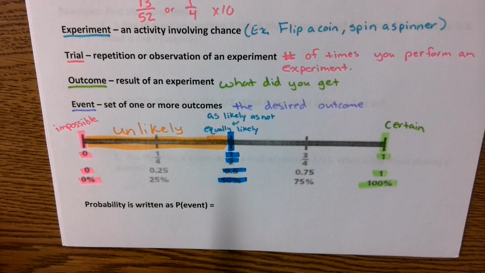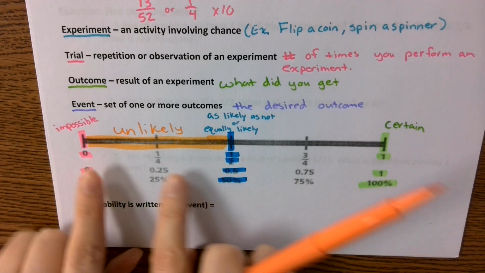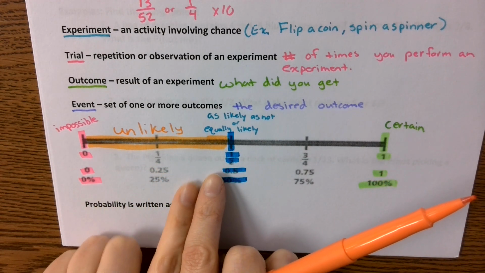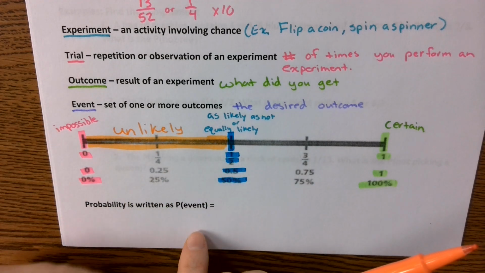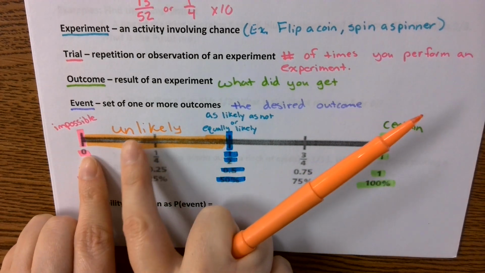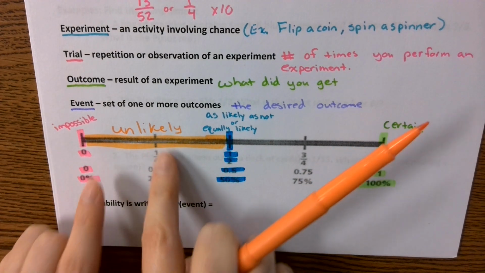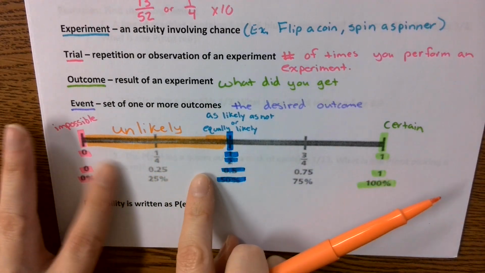Because as it approaches an equally likely section, the unlikeliness of it gets less and less and less. As it's approaching the impossible scenario, the unlikelihood of it happening is greater and greater and greater. So they do have ranges of unlikeliness.